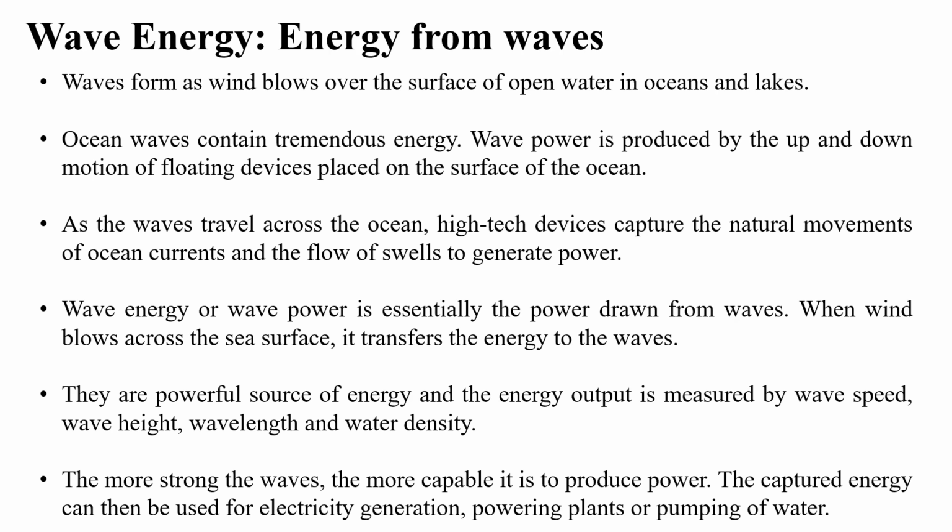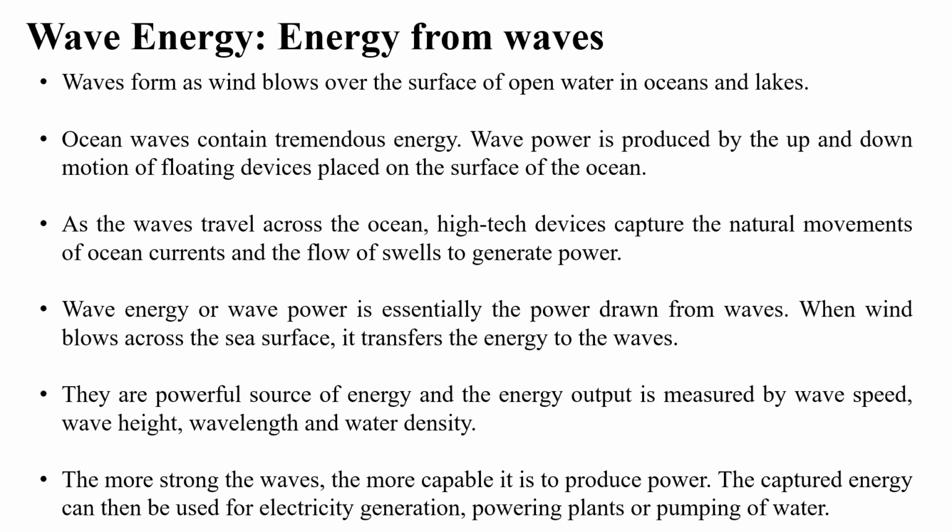The wave energy or wave power is essential for the production of waves. When wind blows across the sea surface, it transfers energy to the waves, and they are a powerful source of energy. The energy output is measured by wave speed. Again here, the speed of the turbine will be determined by the speed of the wave. The wave speed will determine the mechanical output, and the mechanical output will determine the final electrical output from the system.